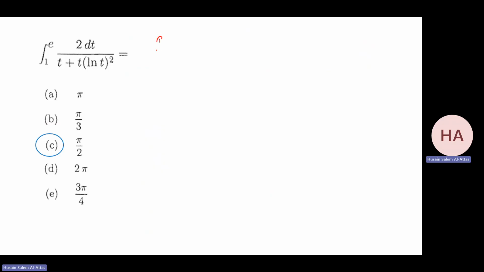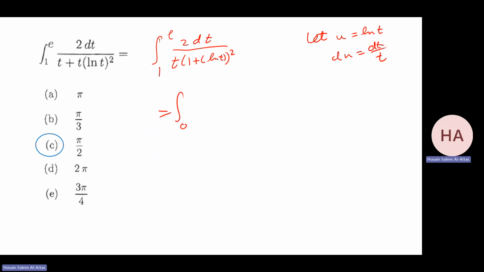Okay, now this one I can rewrite it. I can take t common factor. I have 1 plus ln t squared, from 1 to e. Now I let u equal ln t. Du will be what? dt over t. So this one will be 0 and 1. This will be du.